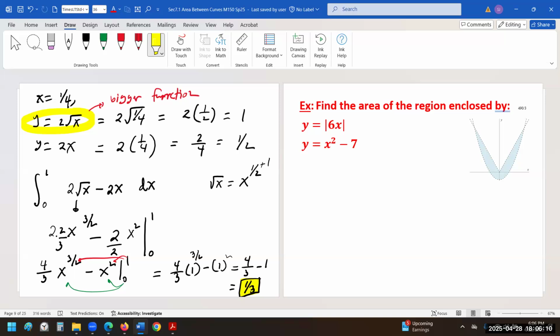Here, anytime we have an absolute value function, we have two choices. Either it's positive 6x when x is bigger than or equal to 0, or it's negative 6x if x is less than 0. So for an absolute value function, we have to split them apart.